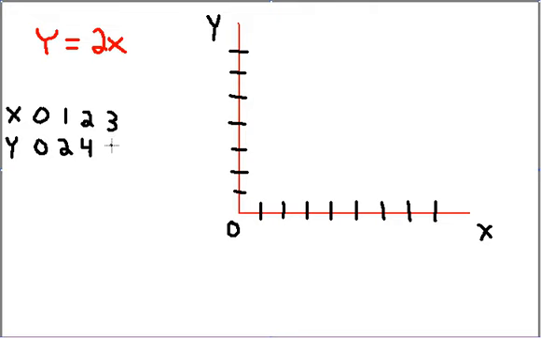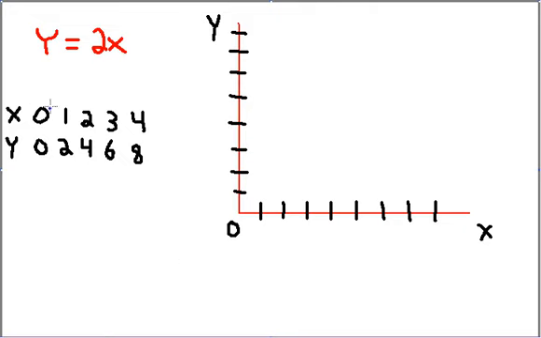Well, 3 times 2 would be 6, so when x is 3, y is 6. And we'll just take one more here. When x is 4, 4 times 2 would be 8. X is 4, y is 8. And there's our last one up here. Okay, now let's go ahead and graph this.